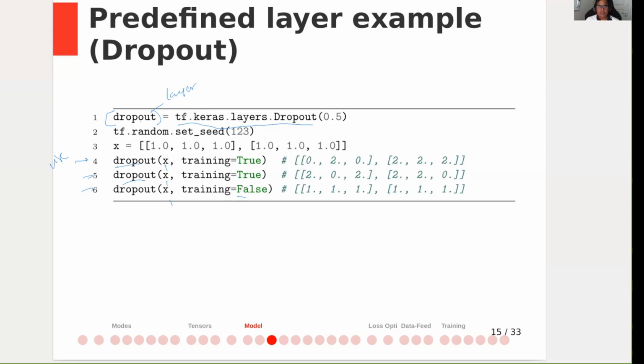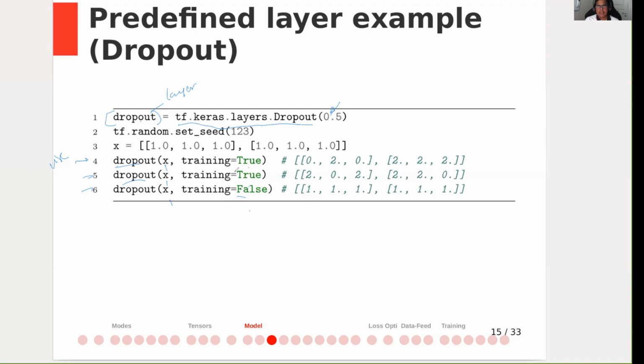So the dropout layer has different behaviors in training and testing, and that can be controlled using this argument. Generally, when you use built-in layers, you first create the layer with a set of arguments which are used only in the creation of the layer. Then you use that layer with a set of arguments which are used only in using that layer. So you have to differentiate those two stages, creation and use.